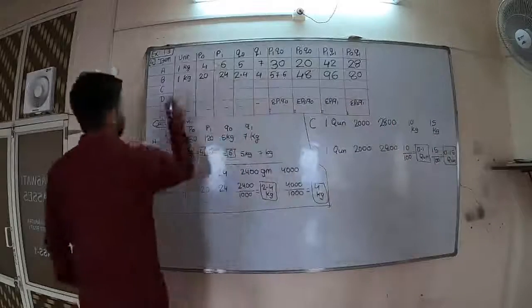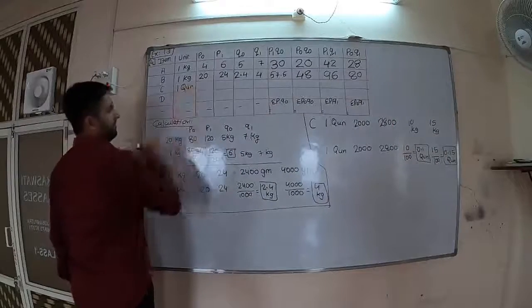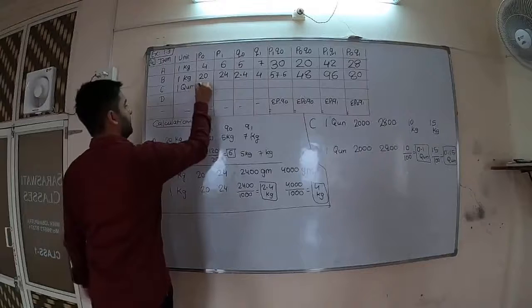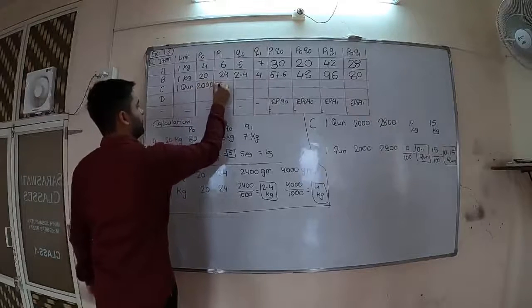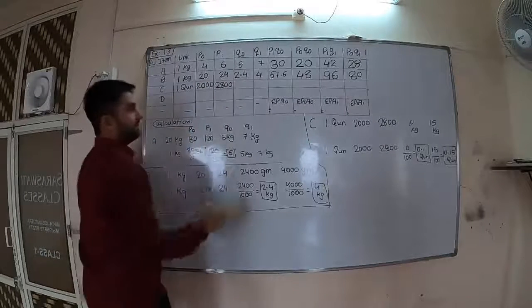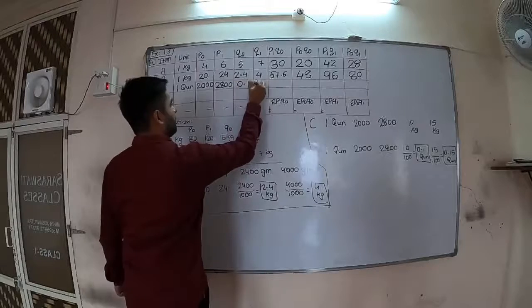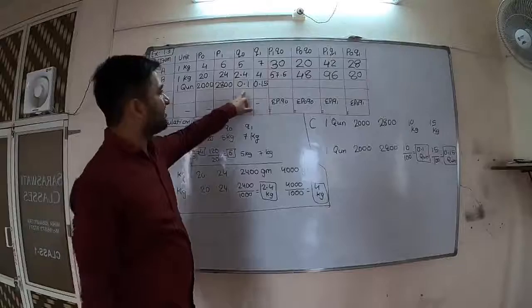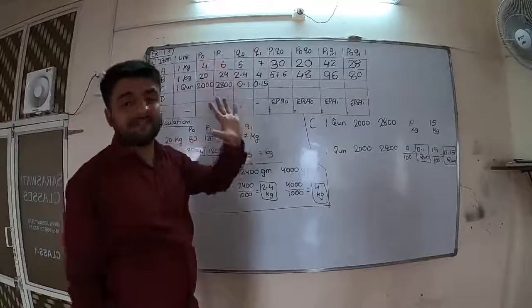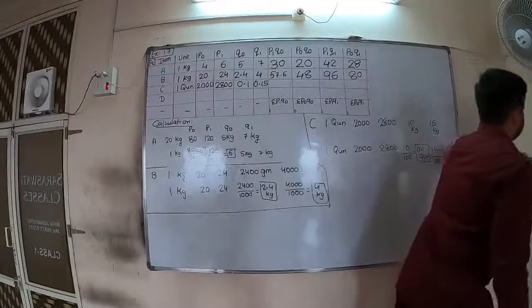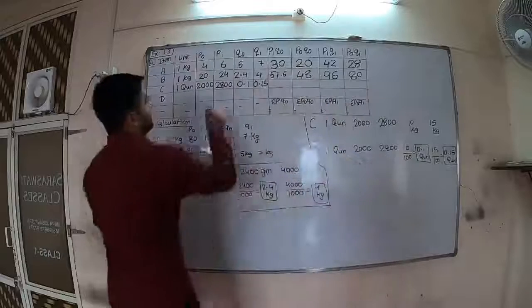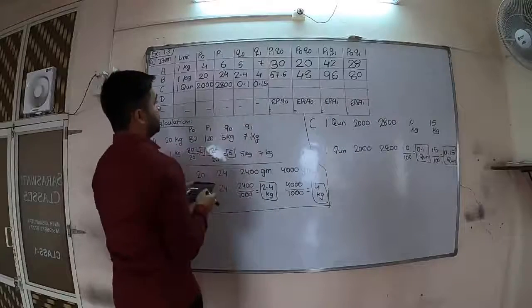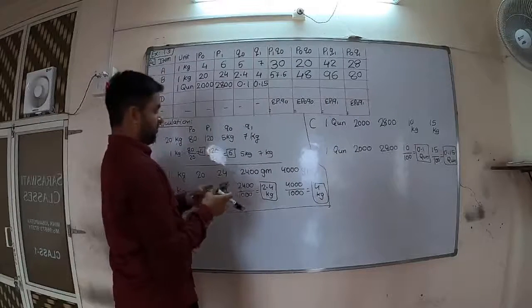Okay. So I am writing 1 quintal, 2000, 2800, 0.1, 0.15. The only necessary thing is that these decimal points are exact. It should not be recurring. Okay. P1, Q0: 2800 into 0.1 is 280.